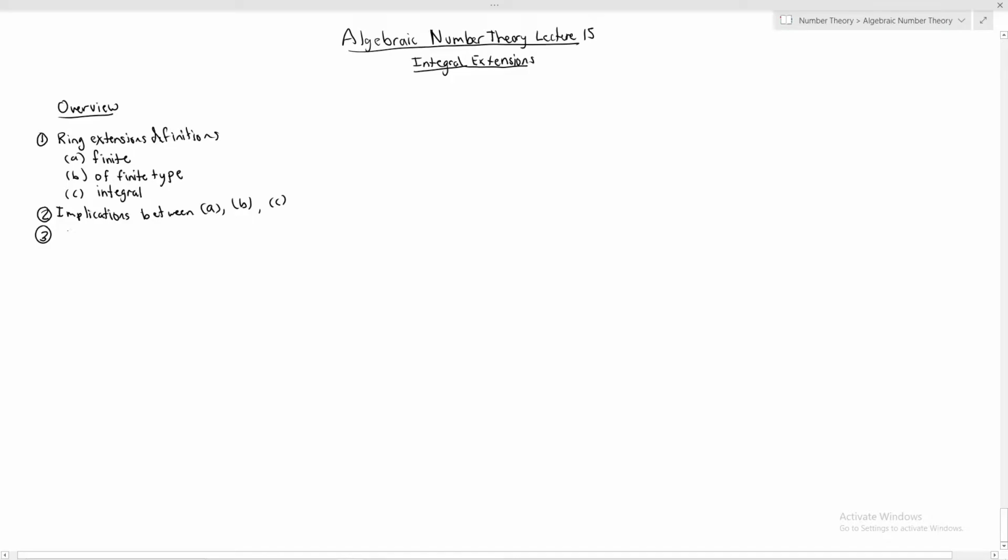So the third is a small thing, well, maybe not so small. Integral extensions are transitive, so if I have a sequence of three rings.